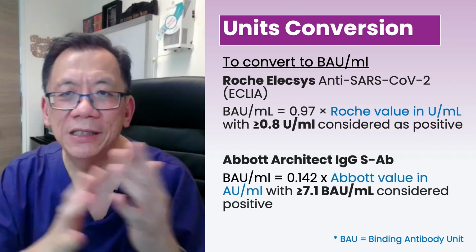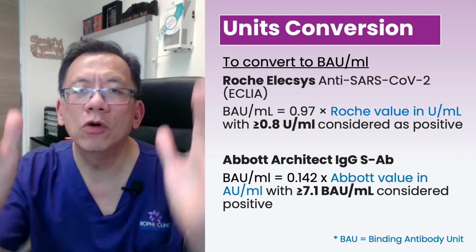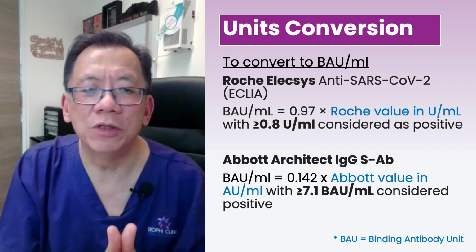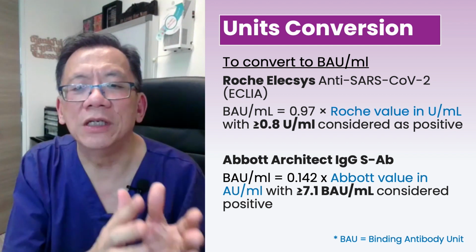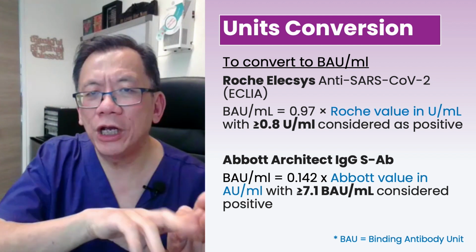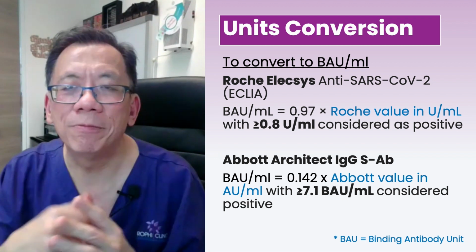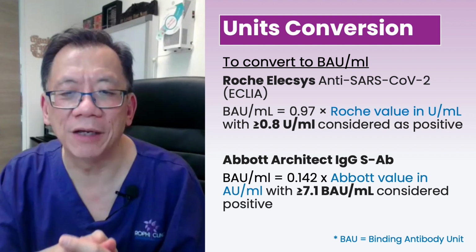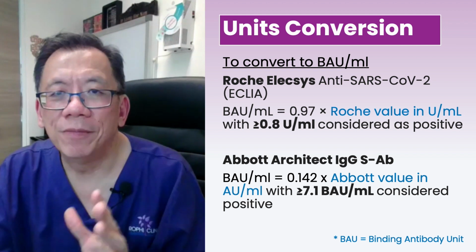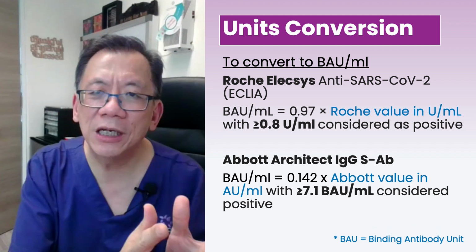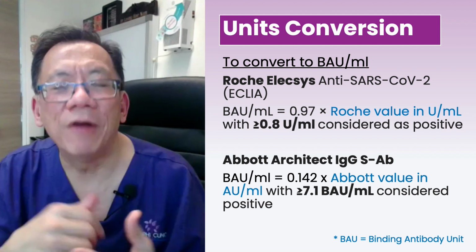I'm going to digress here a little bit, because each report tends to show their own company's units. In the case of Roche, it will show theirs as units per mil. But if you want to change it over to the WHO standard, you need to apply a multiplication factor, which is 0.97. And a quick way of deciding if the test kit is a Roche kit or an Abbott kit, for example, is to look at the reference.